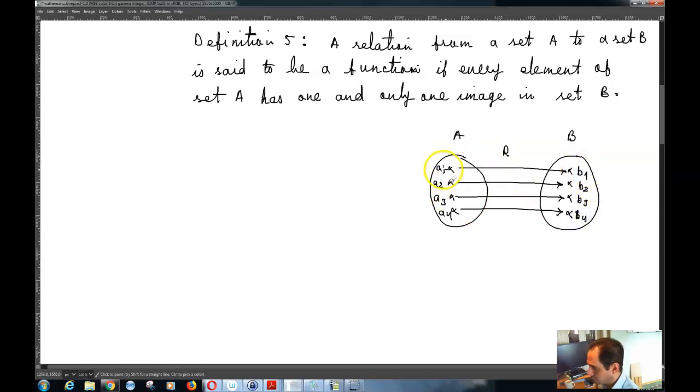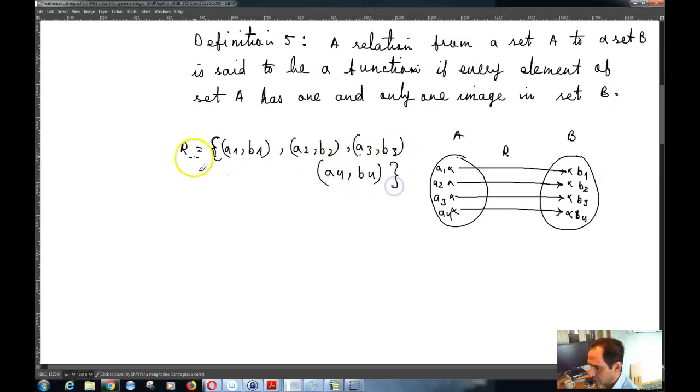And so these ordered sets, which is practically the relation R, would be basically A1, B1, and then you have A2, B2, and then you have A3, B3, and then you have A4, B4. That is basically the set R, which is a relation related to the Cartesian product of these two sets.